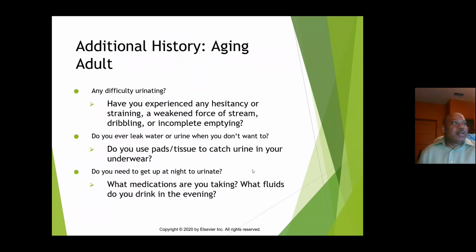Right? And then we are looking at the aging adults. Really important questions to ask are, are you having any difficulty urinating? Has there been any hesitancy or straining, a weak force of stream, also dribbling, as well as incomplete emptying of the bladder? Early symptoms of an enlarged prostate can be tolerated, because that can be the cause.